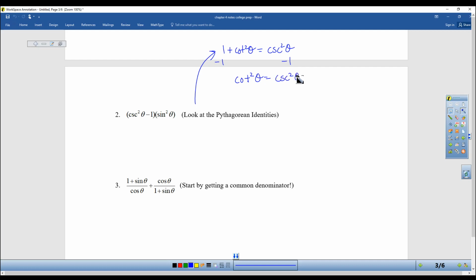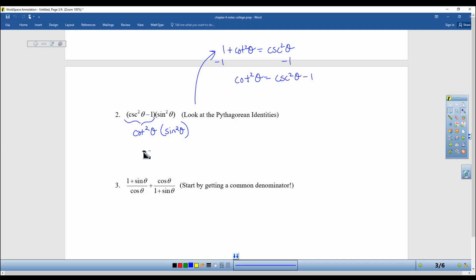And literally, cosecant squared theta minus 1 is, actually, I'm going to write it as this, meaning this whole thing is cotangent squared theta times sine squared theta.